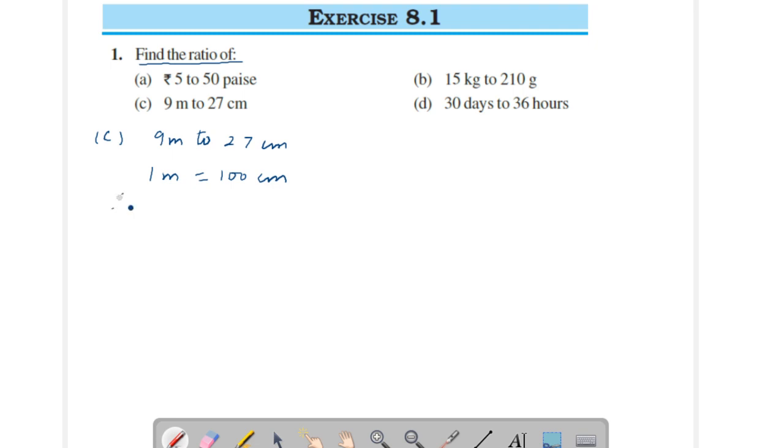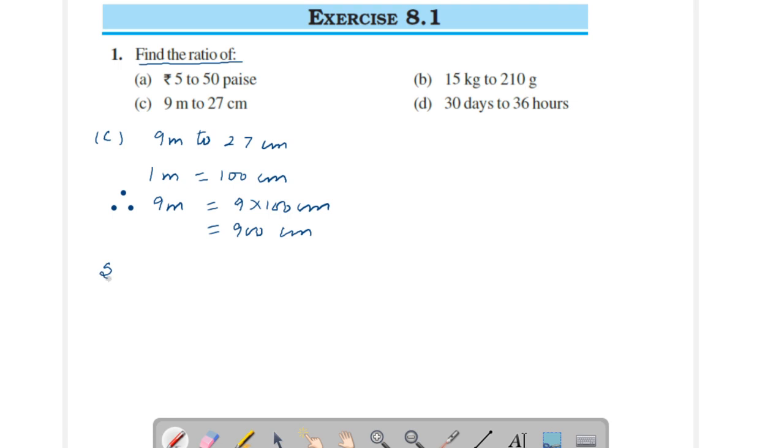Therefore, 9 meter equal to 9 into 100 centimeter. That is 900 centimeter.